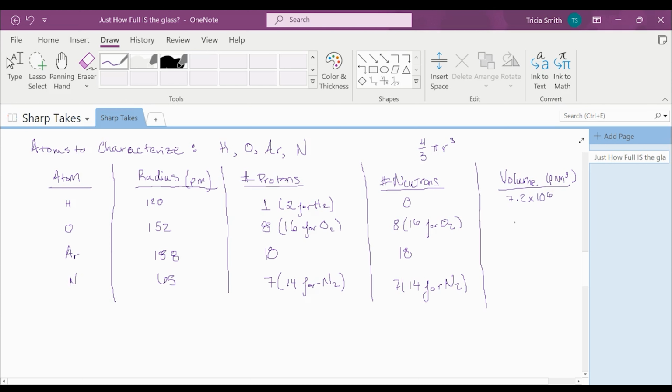The volume of oxygen is 14.7 times 10 to the 6 picometers cubed. The volume of argon is 27.8 times 10 to the 6 picometers cubed, and the volume of nitrogen is 1.2 times 10 to the 6 picometers cubed.